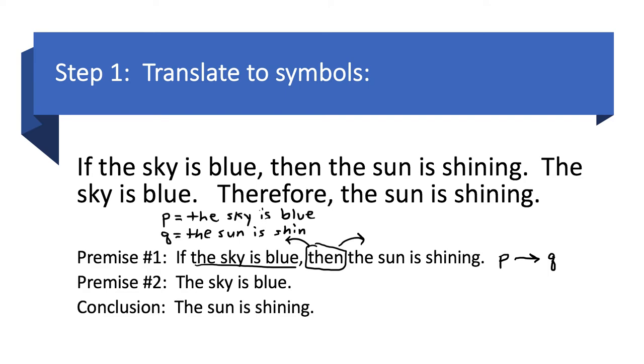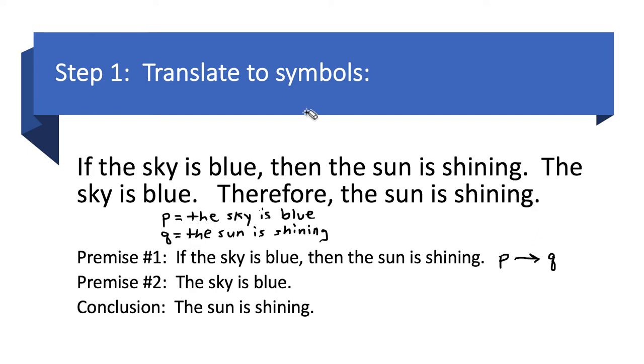So in other words, we're going to use that first premise to help us define what the P and the Q are. Okay, and we have it now in symbols because we have, over here, P, which is if the sky is blue, then, which is the connective, and Q, the sun is shining.